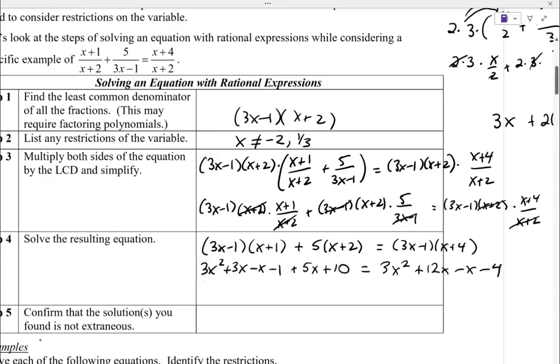Okay. Everybody okay with getting it all multiplied out? Yeah. Okay. Let's simplify a little bit, make it a little bit prettier before we actually start solving. What can you combine on the left-hand side?